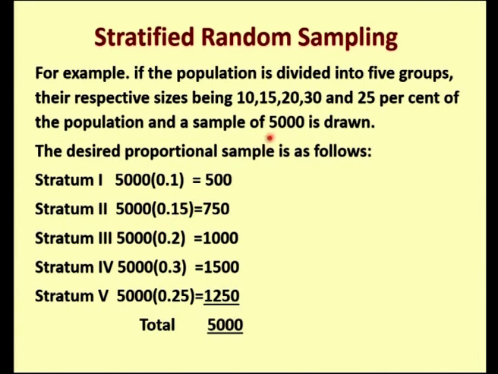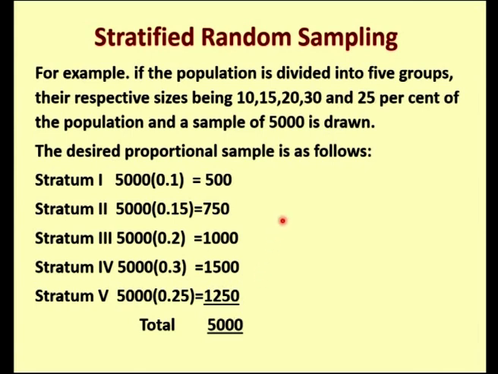For stratum 2, the weightage is 15%, and 15% of 5000 is 750. For strata 3, 4 and 5 respectively we have 1000, 1500 and 1250. This constitutes the sample. So in the sample we have 500 units from the first stratum, 750 from the second, and 1000, 1500 and 1250 from strata 3, 4 and 5.